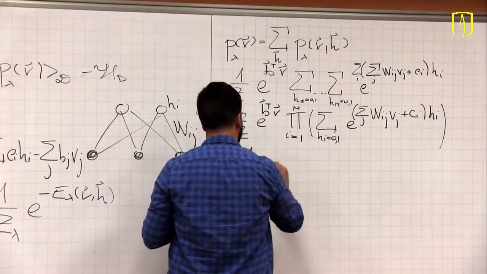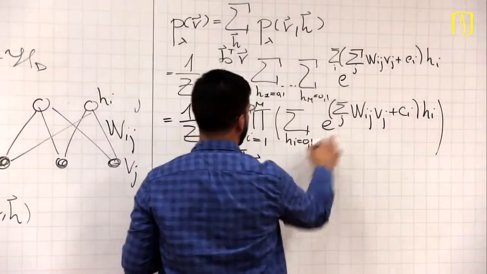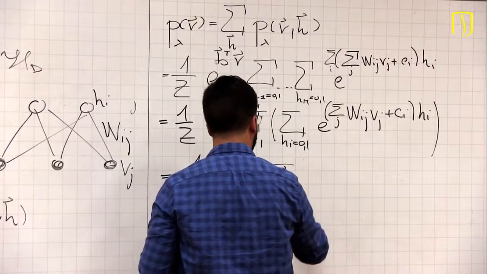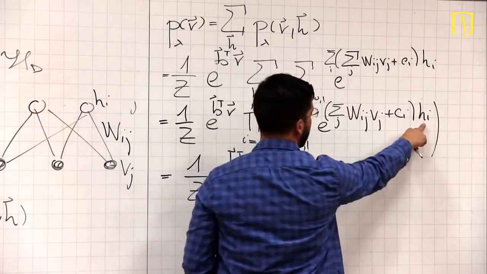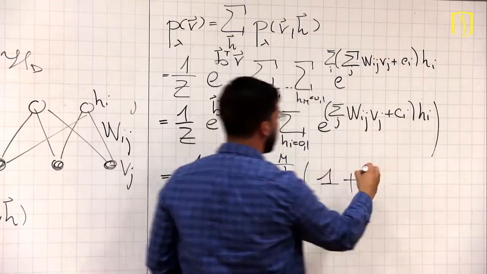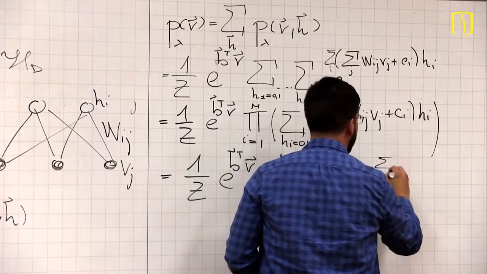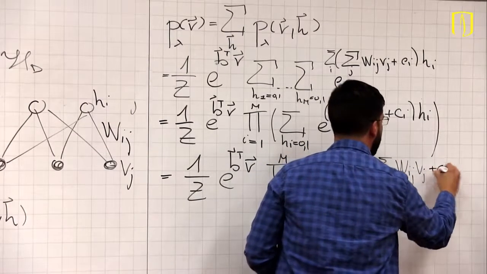So 1 over Z, b transpose V, and then this is just going to be the product over i, and we have, when h is 0, this is 1, plus, when h is 1, this is e to the sum over j of W_ij v_j plus c_i.